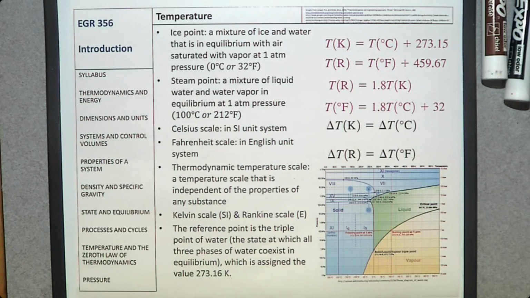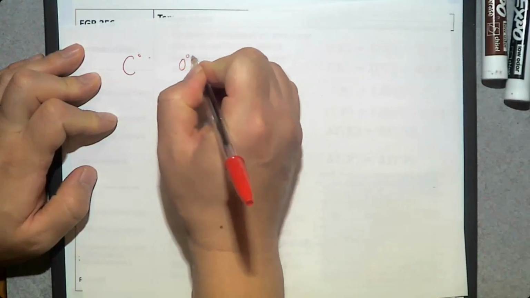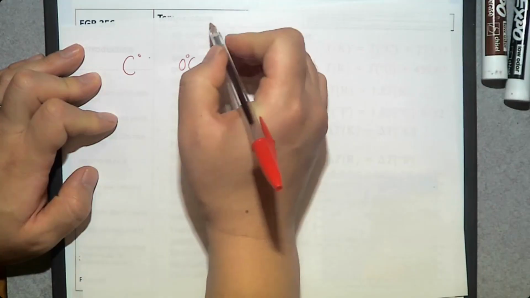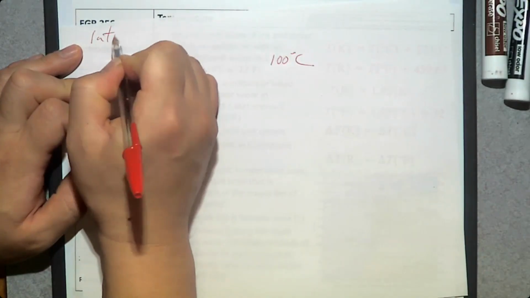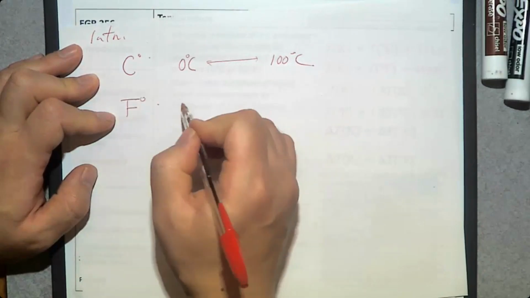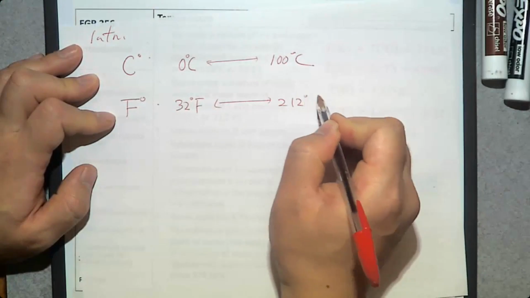So you can get the idea how you convert between Celsius and Fahrenheit. Assuming 1 atmospheric pressure, in degrees Fahrenheit it's going to be 32 degrees and 212 degrees.